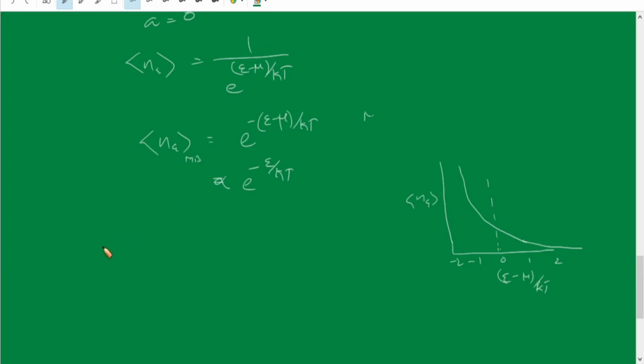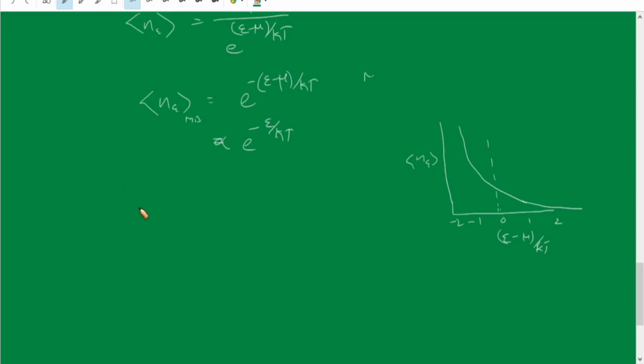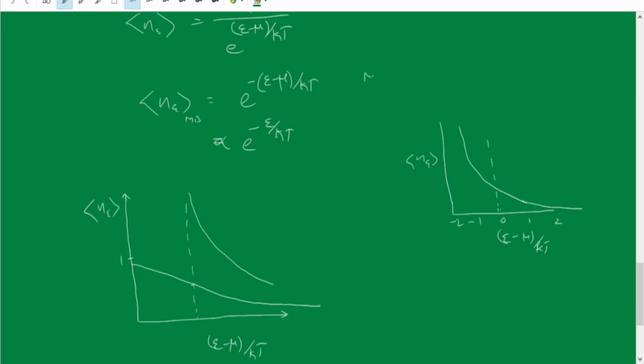Therefore, we can draw all the curves in a single graph. So E minus mu divided by kT is on this axis and average Ne on the other.